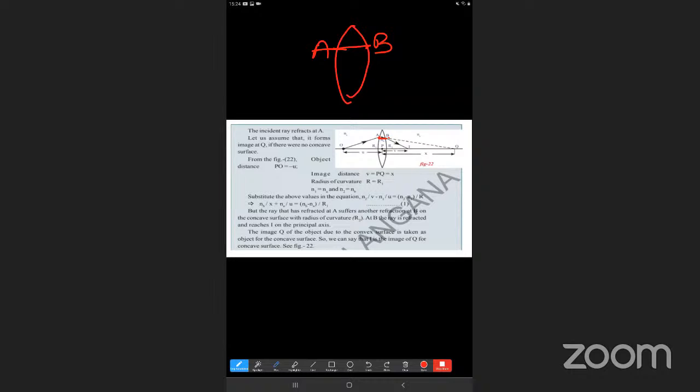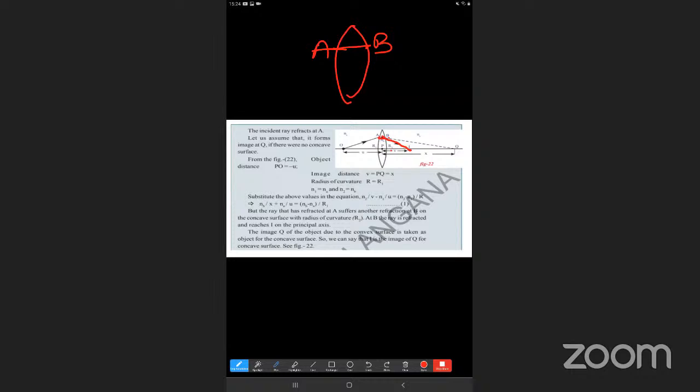At B the ray is refracted and reaches a point I on the principal axis.